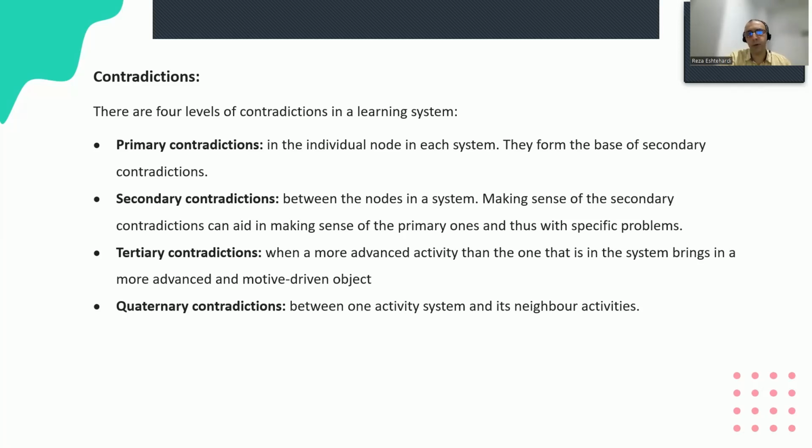I'm not going to go into the details of this theory, because it might not be really interesting for some of you, but I just want to highlight that contradictions are very important in this theory, and that is why part of my study was to identify contradictions, and I'm going to talk about it in a few minutes.